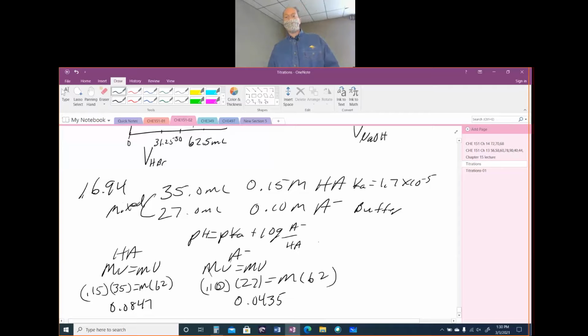Now you have your correct concentrations. You have your pKa, which is the negative log of 1.7 times 10 to the minus 5, which is 4.77.